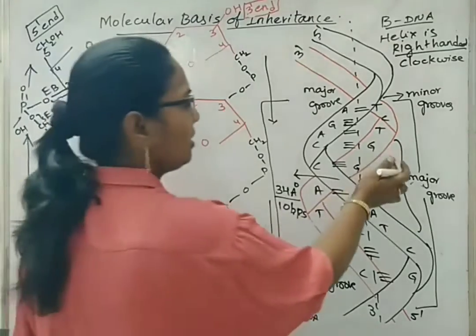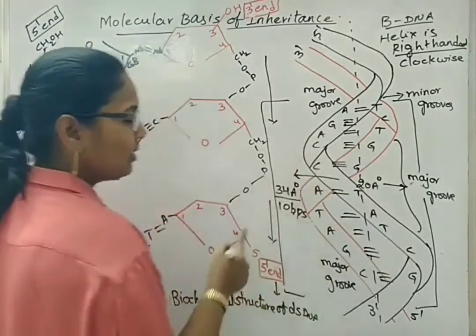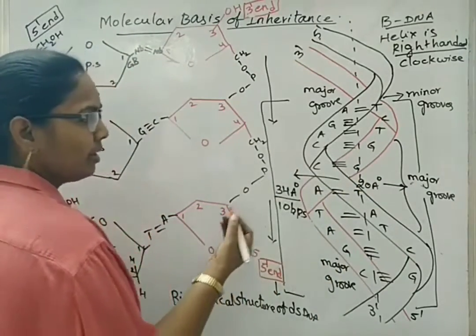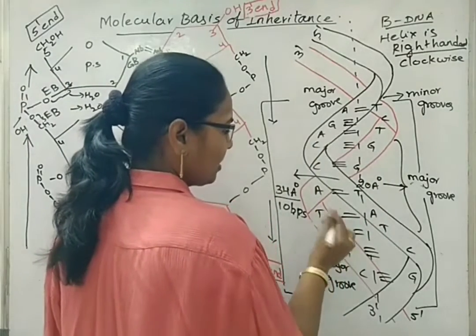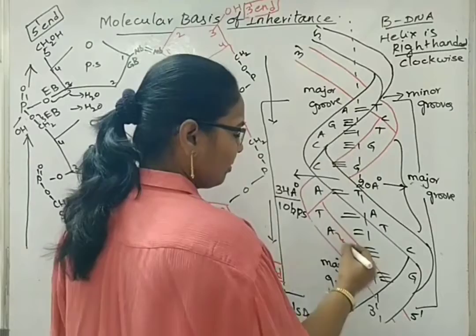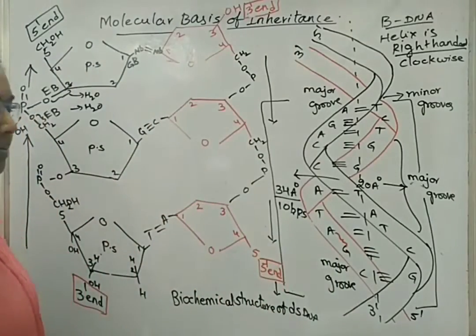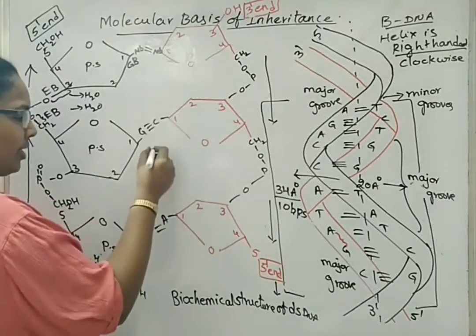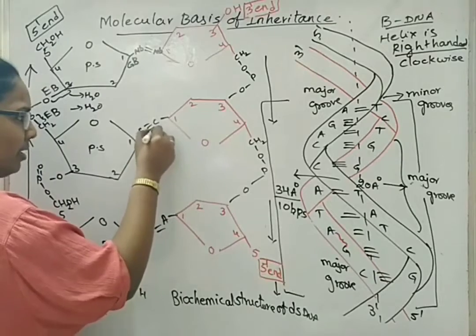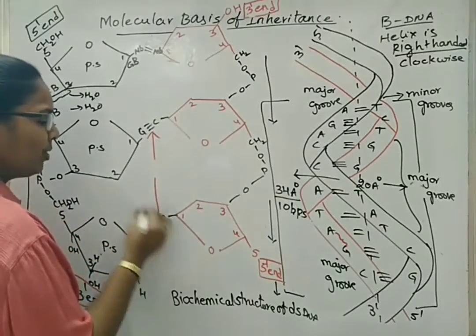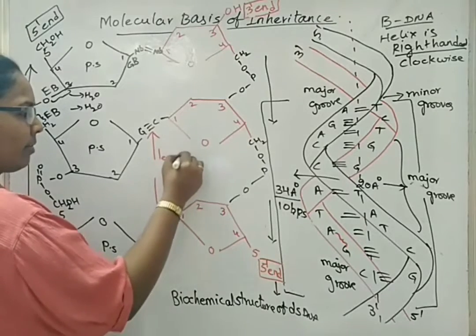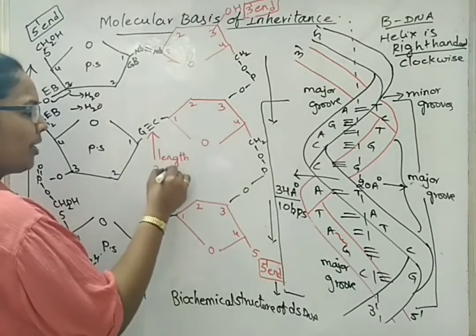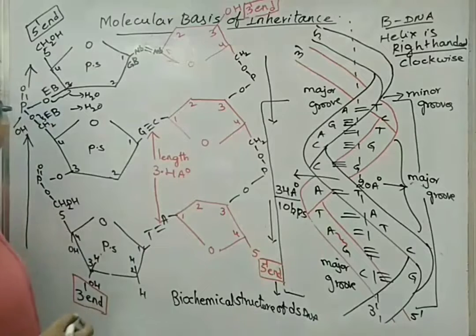We have seen here the length of one turn is 34 angstroms. Then what is the distance between two nitrogen bases which are side by side like this? Between two nitrogen base pairs, this length is considered as 3.4 angstroms.